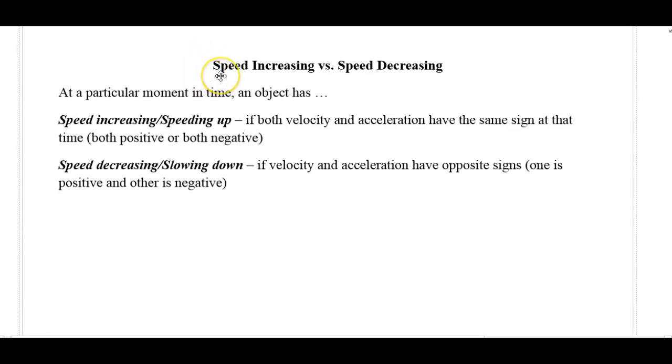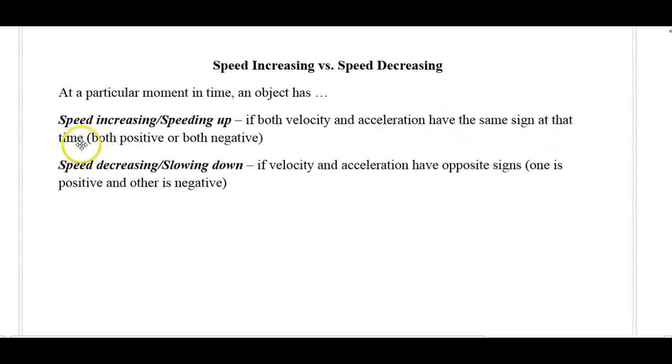Alright, so now we're going to talk about the speed of an object increasing versus decreasing. We're still thinking about an object moving along a horizontal or vertical line. At a particular moment in time, an object has speed increasing, or is speeding up, if both velocity and acceleration have the same sign at that time.